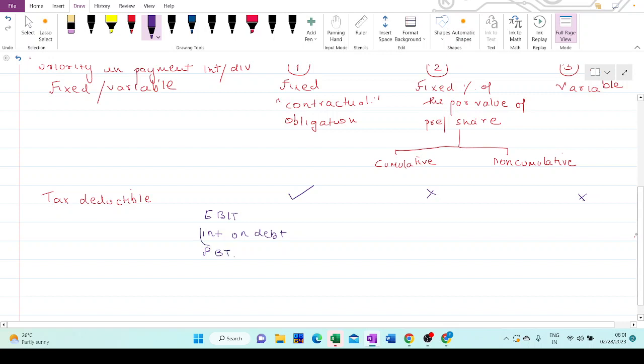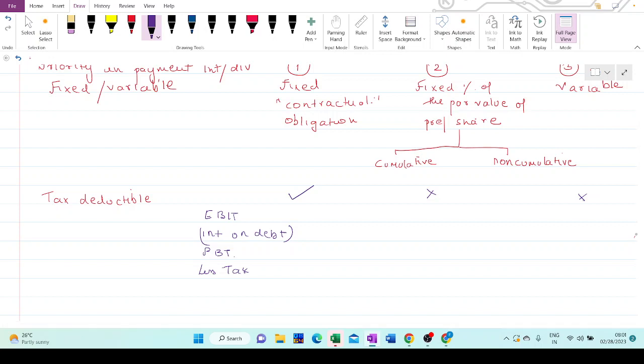So interest on debt reduces the PBT, which in turn reduces the tax expense, because your taxes are calculated on the basis of your PBT. So interest on debt is tax deductible. It reduces our tax liability and results in tax savings.